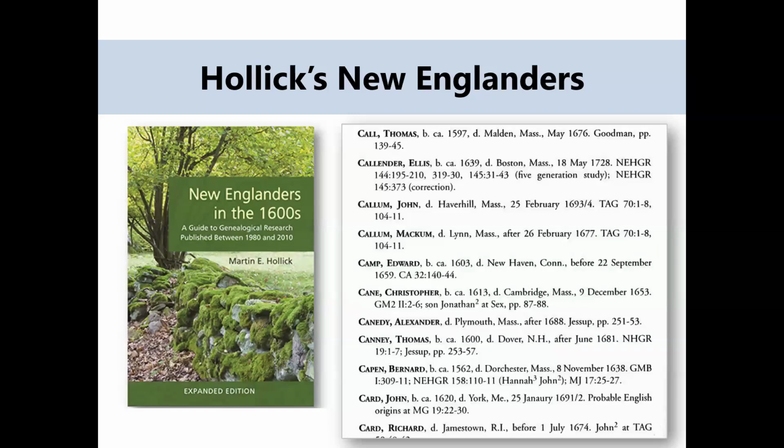There is, like I said, a list of the various abbreviations in the book as well, allowing you to know where to go. He predominantly focused on the published research. A lot of his resources are going to either be compiled books or various publications such as the New England Historical and Genealogical Register or the American Genealogist, a lot of the vetted types of journals.